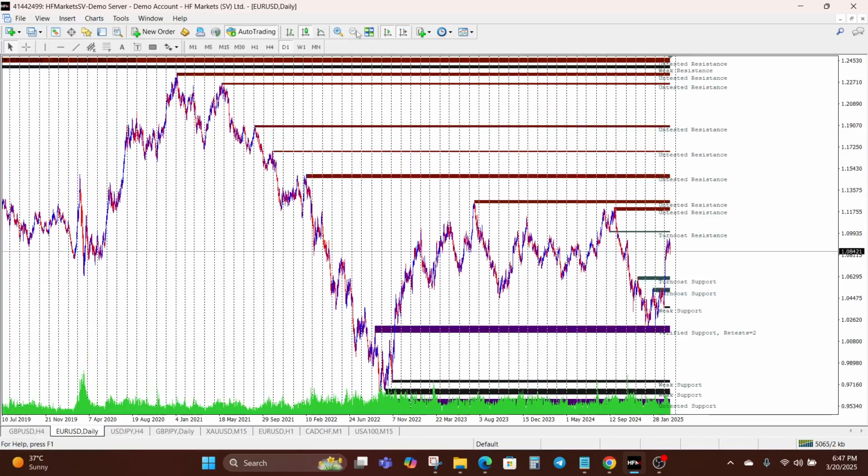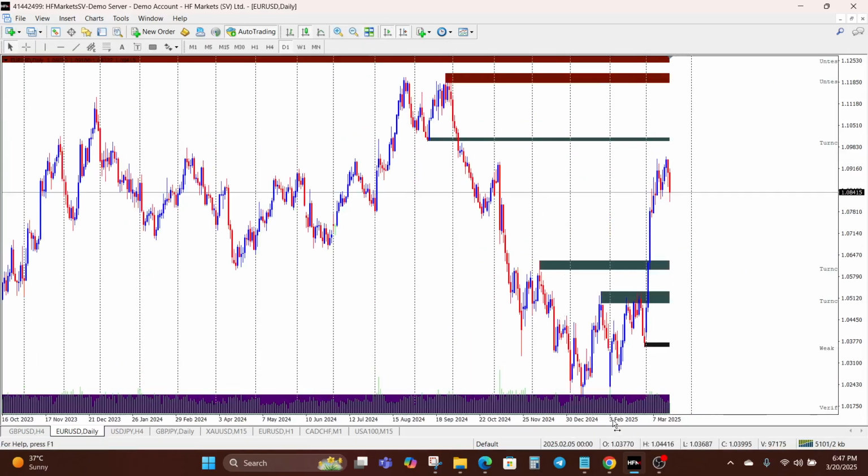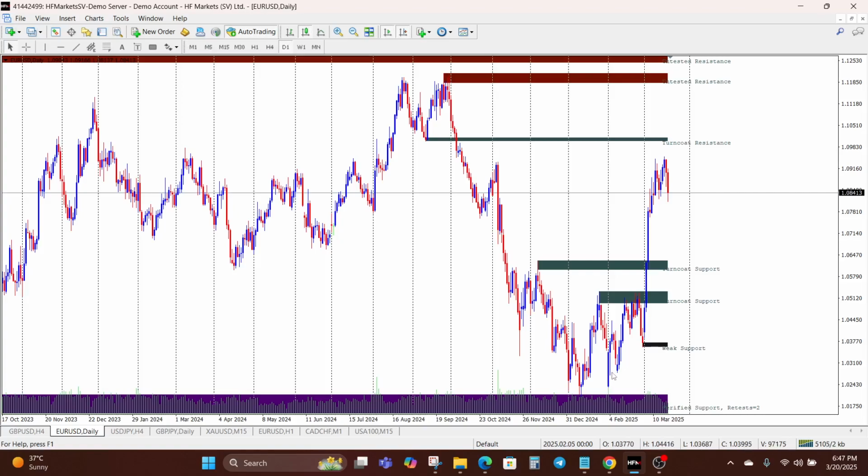You can see that these resistance zones that have been identified, most of them are untested or weak. But let's use this as an example. This particular one was tested here. It was broken through at this point, but it was retested here. You can see the next time that it came again, it was rejected.